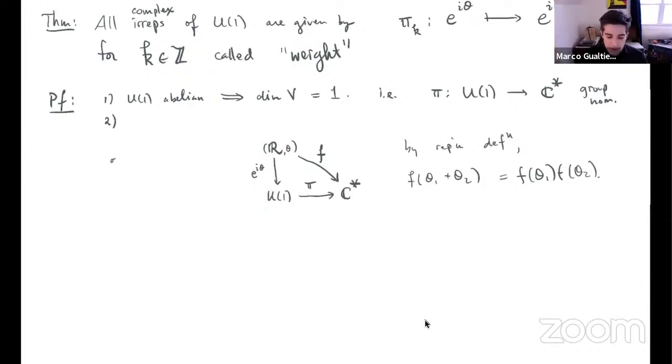We define F of theta to be pi of e to the i theta.